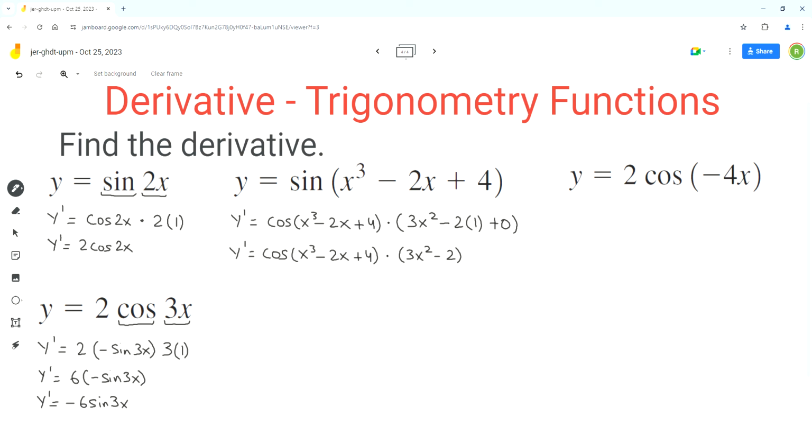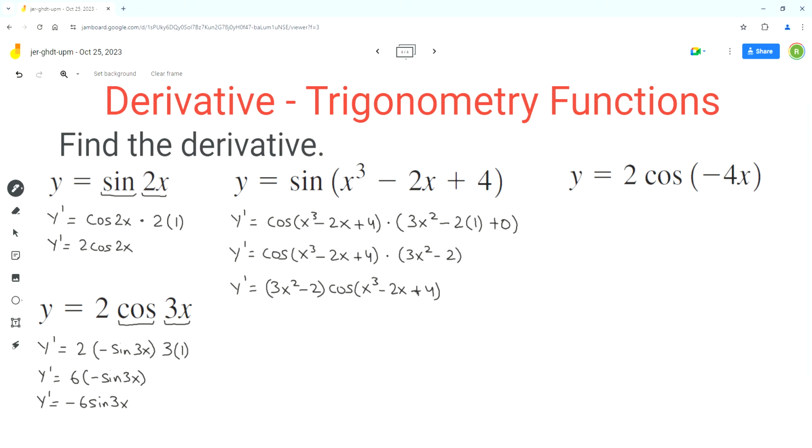And now we can rearrange the terms to write this 3x squared minus 2 at the front of the cos term. So this should be the final answer for the derivative of this third function.